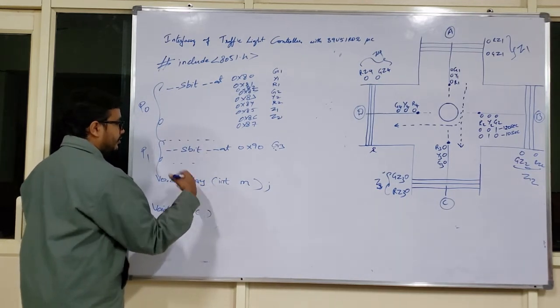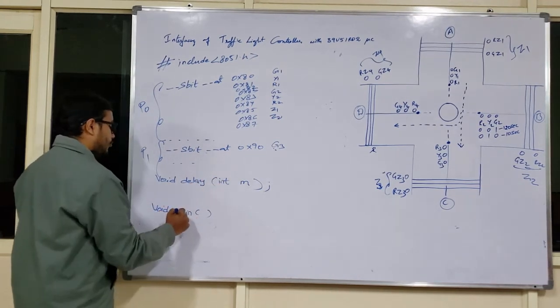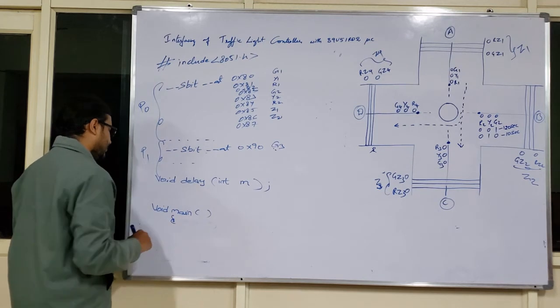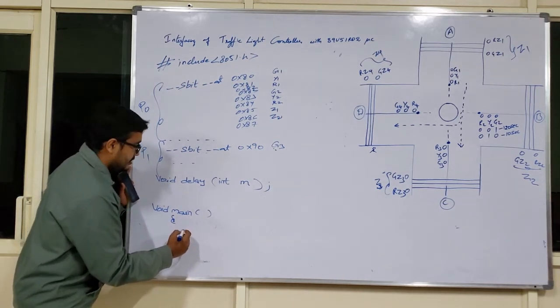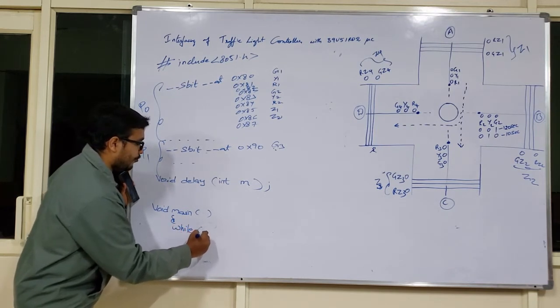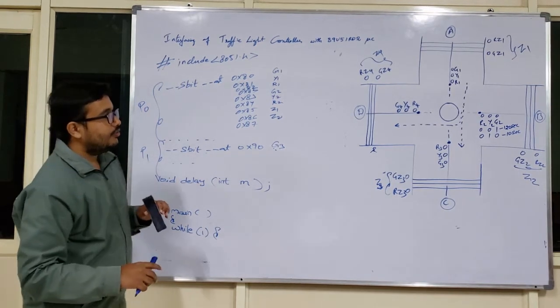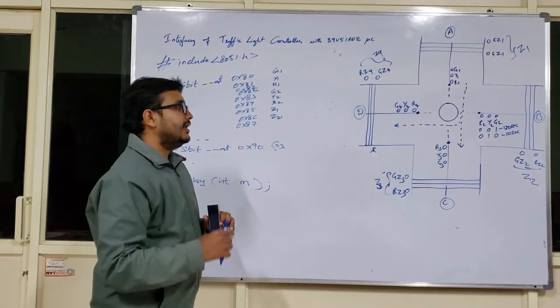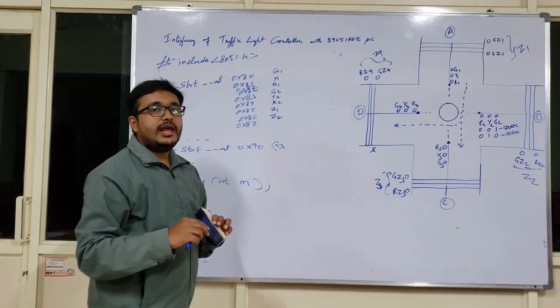Why I have taken here exclusively an argument, I will explain. Now void main, inside it I will call different functions, but before it let me use the while loop, while of 1, an indefinite loop, because at the 4-way junction the lamps will be continuous 24/7, the activity will happen.